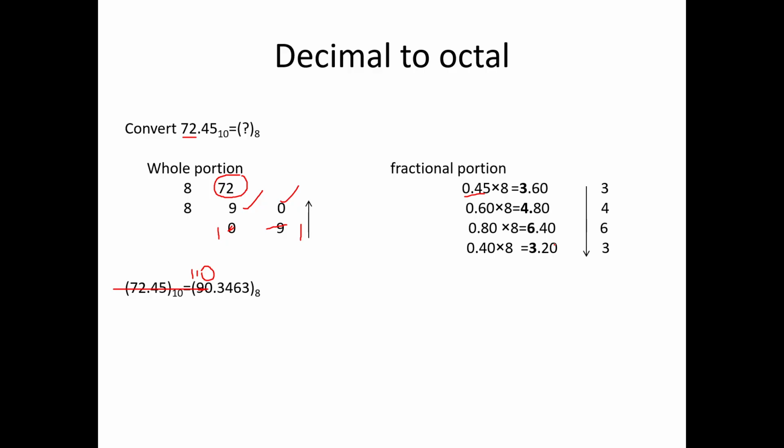This will be repeated, so we stop here. The answer is 3463. So for the whole part 72, the equivalent octal number is 110, and for 0.45 it is 0.3463.